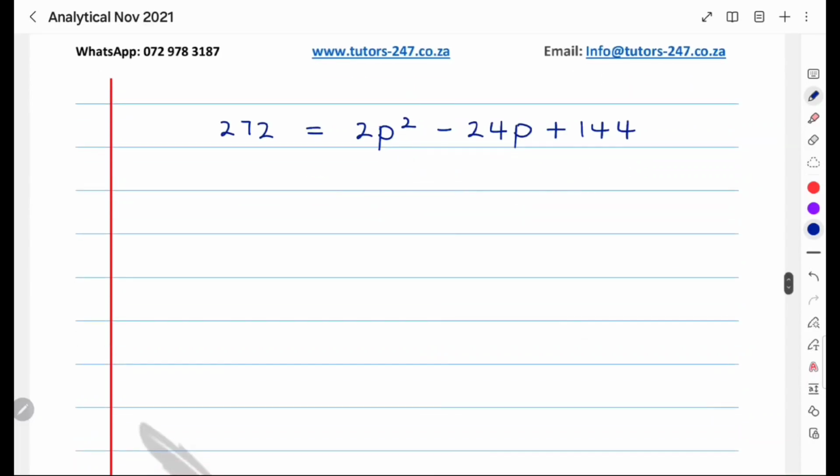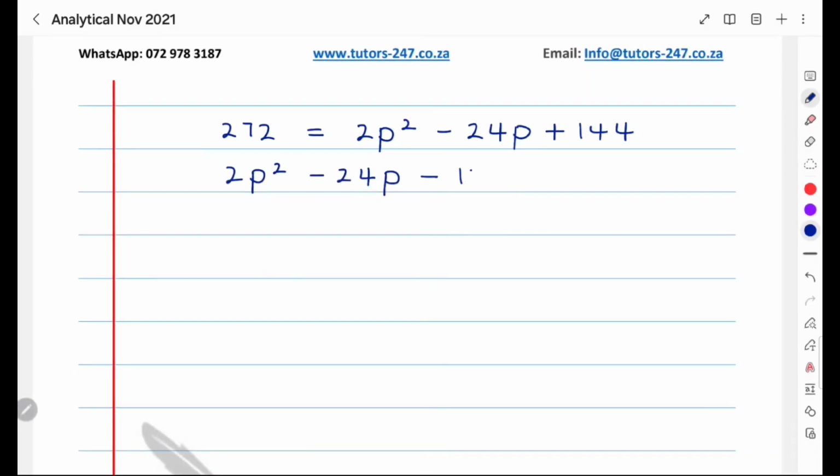From here, we're going to move everything to one side, as this is a quadratic equation. As you can see, 2 is a common factor, so we can divide the left and right by 2, giving us p squared minus 12p minus 64 is equal to 0.